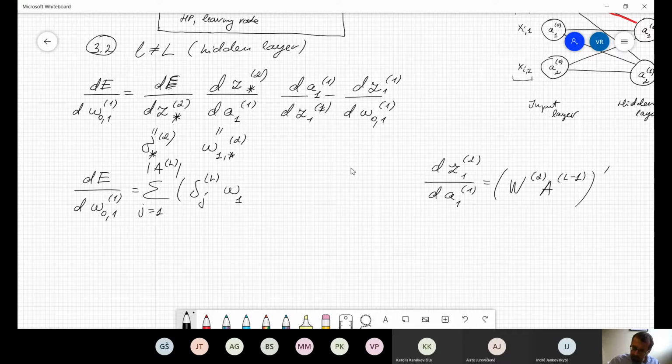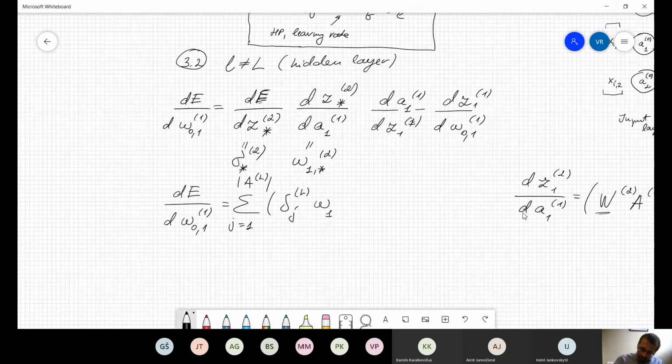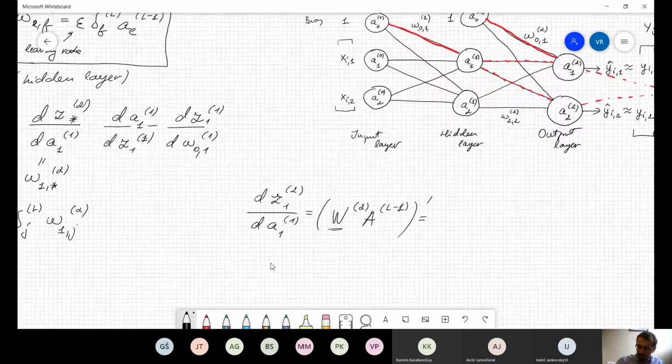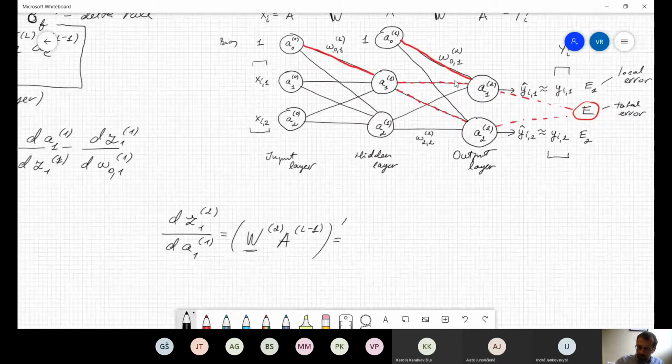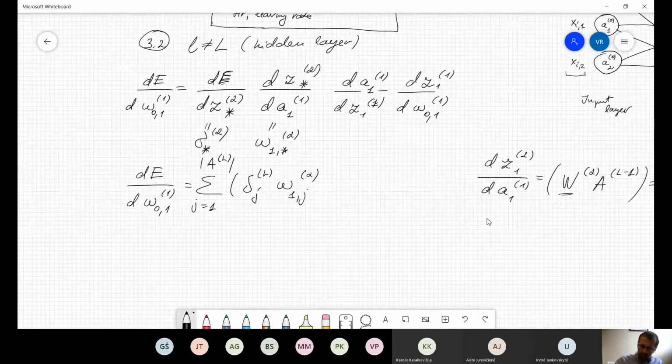This is a multiplication again, but since all the weights are constant, these terms go away because we are summing, and only the weight which is connected directly to the activation remains. So this is the result. We just multiply all the deltas from the output layer with the corresponding weights. Since we are going to this weight, we take the deltas, multiply by this weight and this weight, and sum it up.